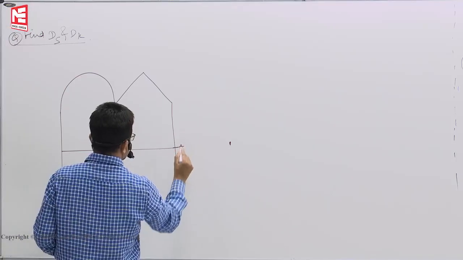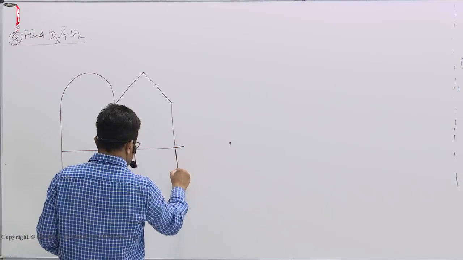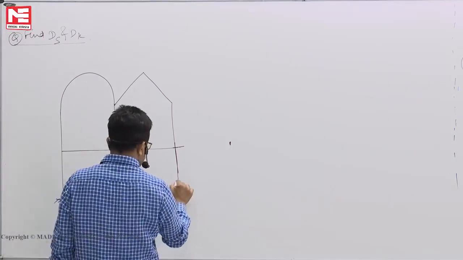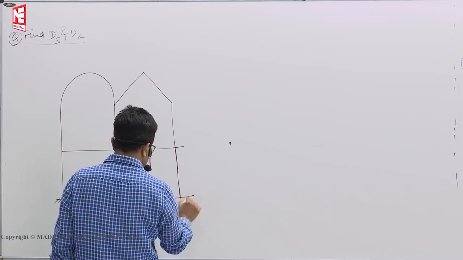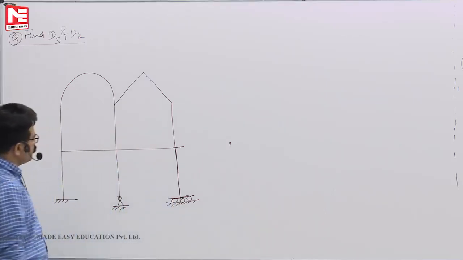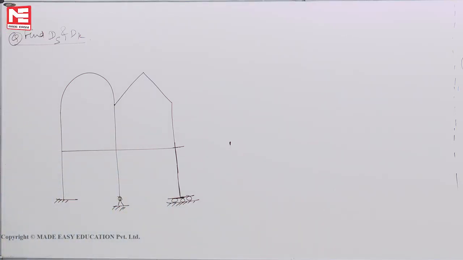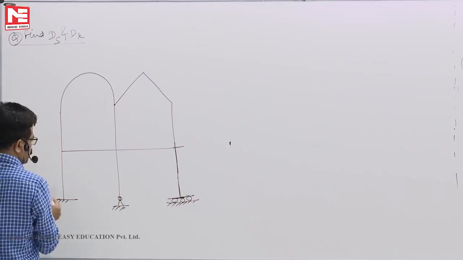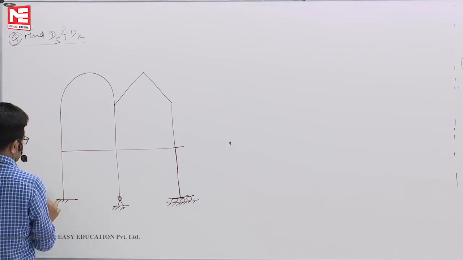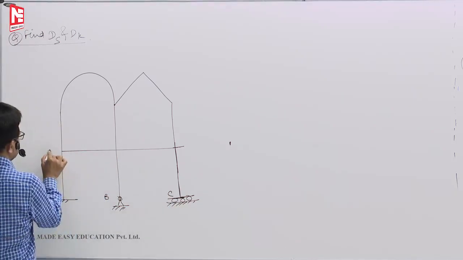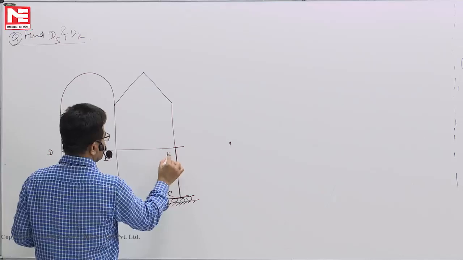It comes like this, say. Here assume that we have a guided roller support. This is the problem. Let us name the points A, B, C, D, E, F.